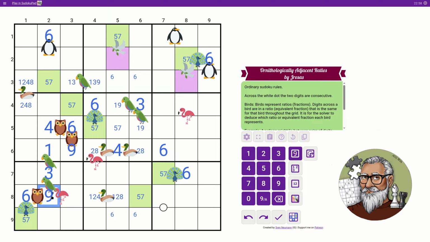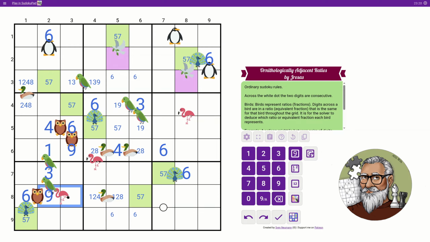But 9 is only divisible by 3. Okay, great. But the only two other digits that are divisible by 3 are 3 and 6. So we can't have another digit here that's divisible by 3, so we can't divide both of them by 3. So this would have to be 2, 8, and this would have to be 9 for this to work.